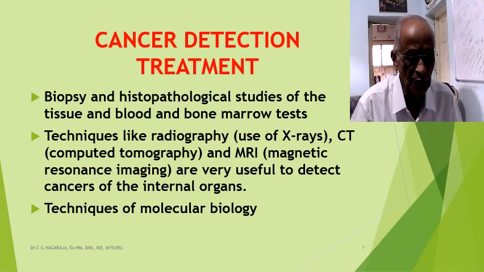They can help us to detect the internal organs and find out whether cancer is present or not. Techniques of molecular biology also help in detecting cancer. Treatment will be very different. We will discuss the treatment in the next PPT possibly.